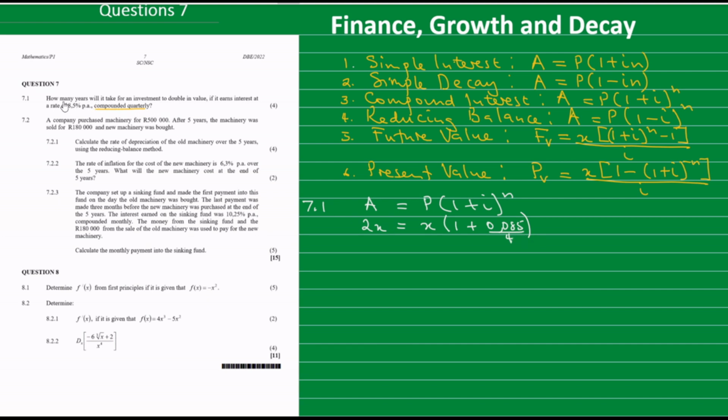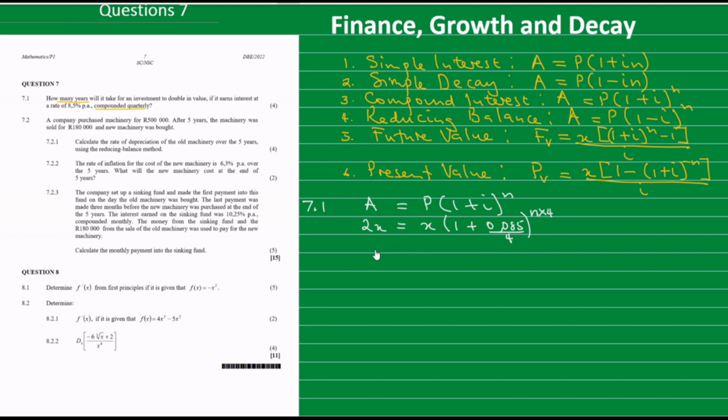The question is asking us to find how many years. So if I take n as the number of years, our calculation is based on the quarterly rate. So now our n must be multiplied by 4 to find how many quarters are in those n years.